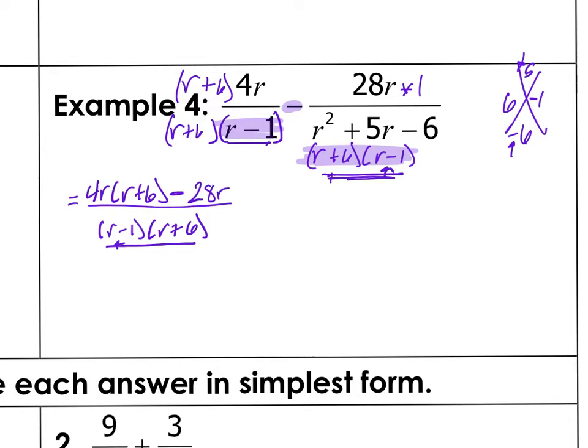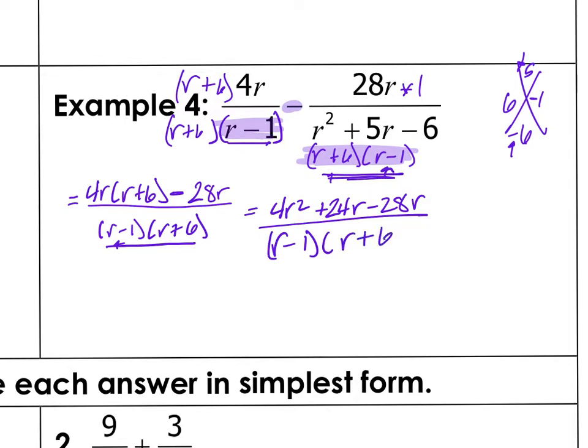Okay, so I get 4r times r is 4r squared, and 4r times 6 is 24r minus 28r all over r minus 1 times r plus 6.